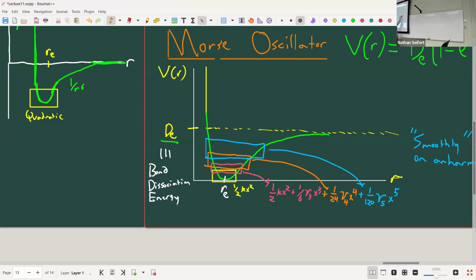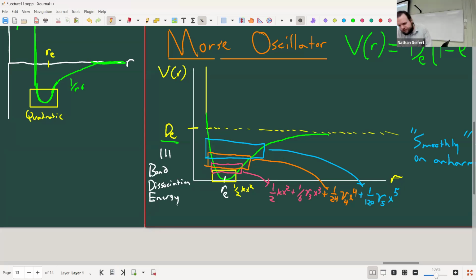It's going to zero. So the derivative is approaching zero or equal to infinity, which a quadratic potential never does. These small terms are getting very big out here, and so the energy levels are getting really, really close together. So the spacings between the energy levels tell you in some sense how close you are to D_e. The closer you are to D_e, the smaller the spacings between the levels become.